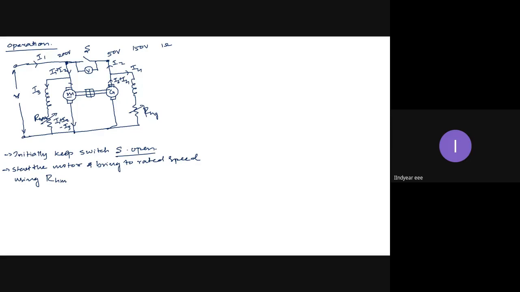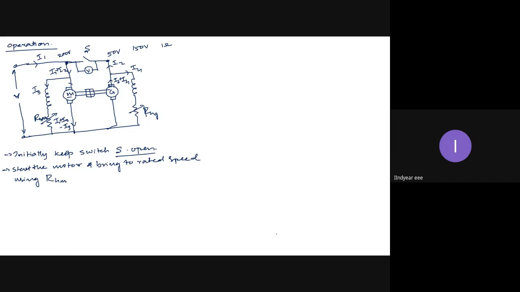Now here, observe the value of the voltmeter.